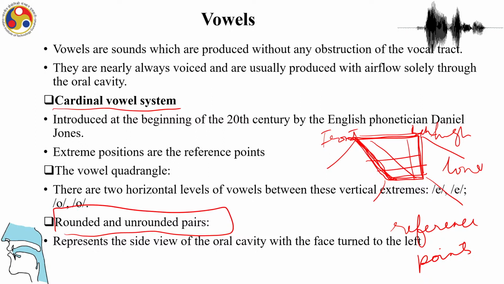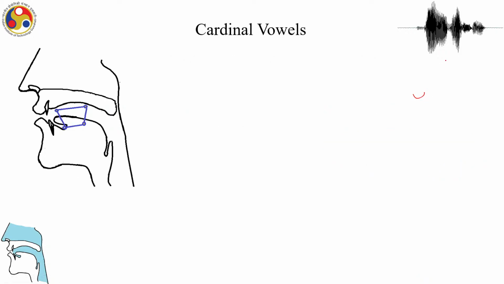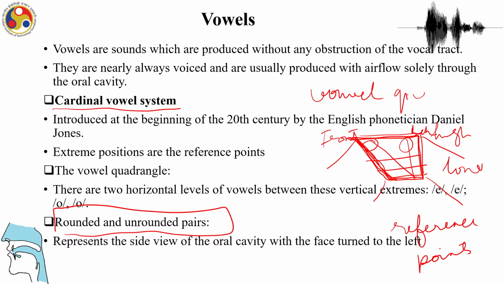In the cardinal vowel system of this vowel quadrangle, rounded, unrounded vowels will be shown in terms of pairs, rounded and unrounded. Okay, so we can have a front, high, rounded, unrounded vowel. We can have a back, high, rounded, unrounded vowel.